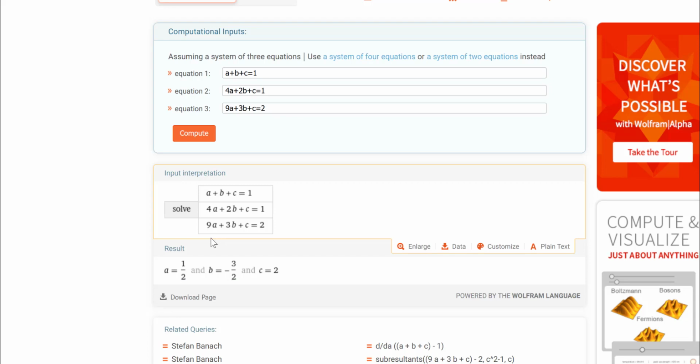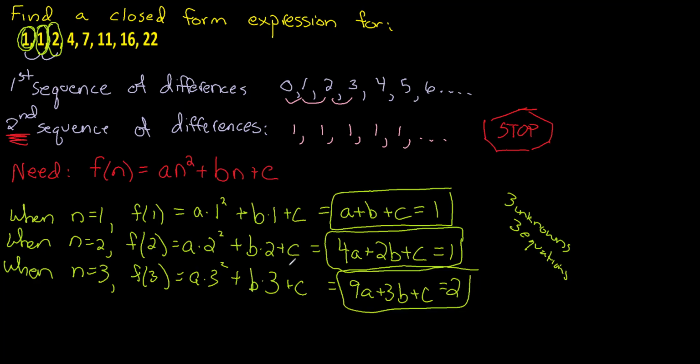What it told us is that a equals 1/2, b equals -3/2, and c equals 2. So let's go back to what we have. We were looking for this quadratic equation, and I now know what to put in for a, for b, and for c. So let's write down our answer. Our answer is f of n, a function of n.